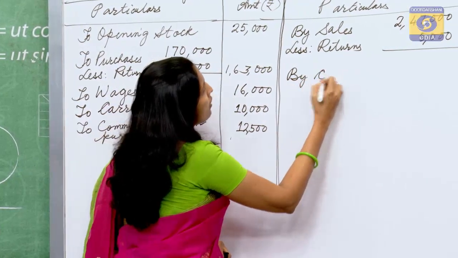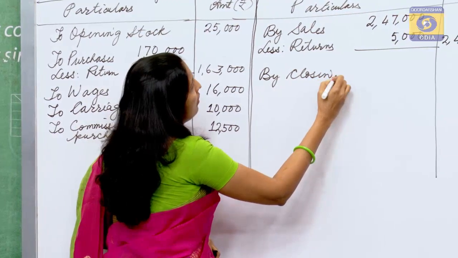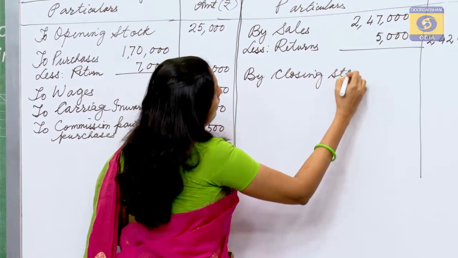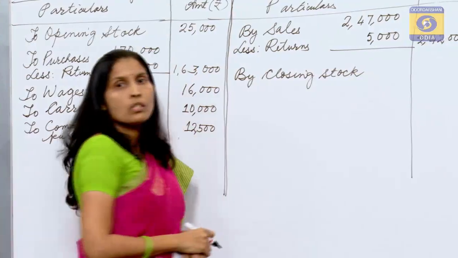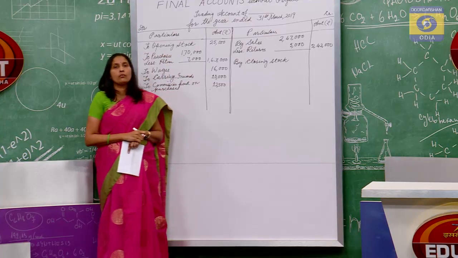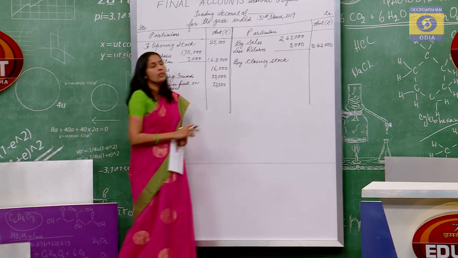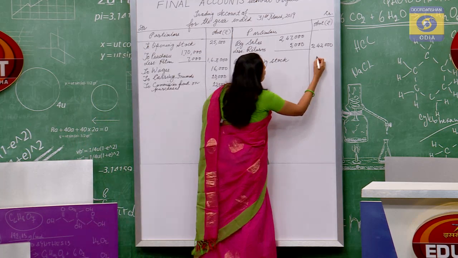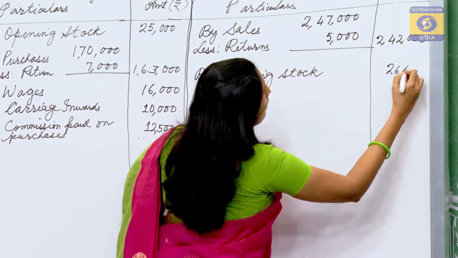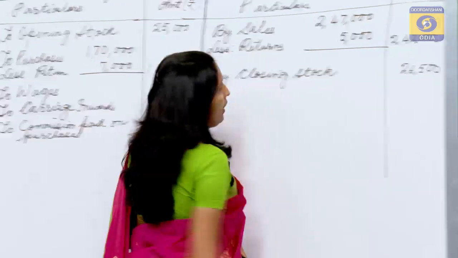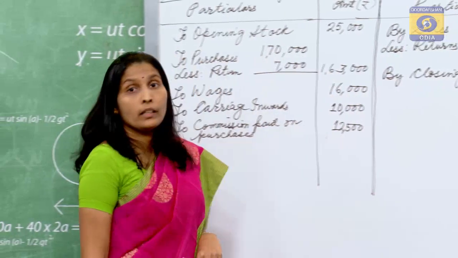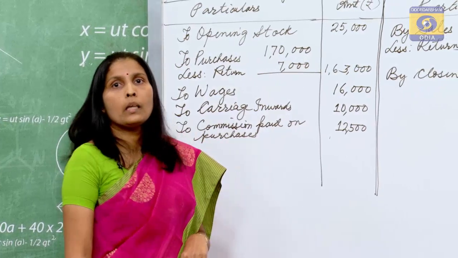So, by closing stock. The question says that stock as on 31/3/2019 was 26,500. So, we will write here by closing stock 26,500.